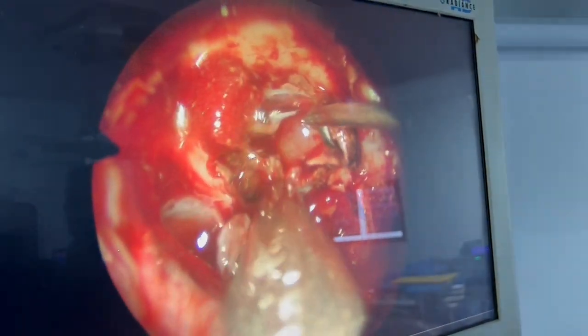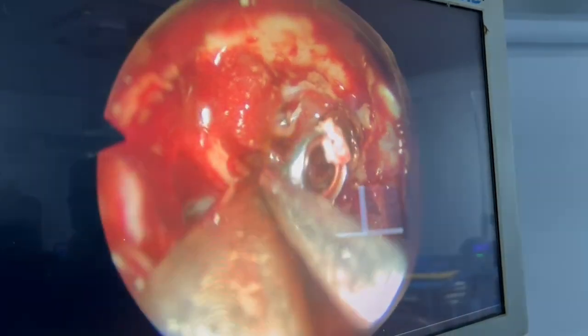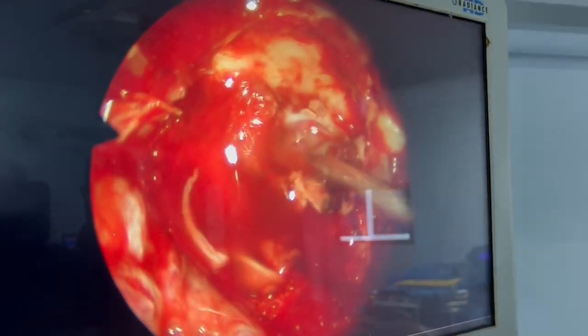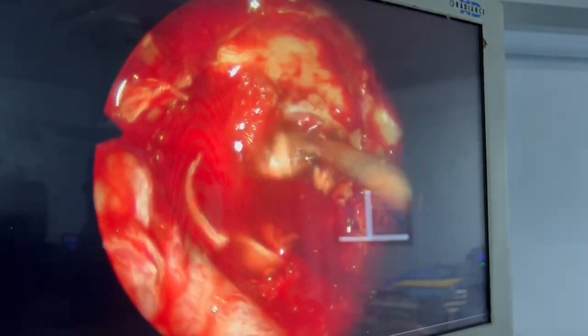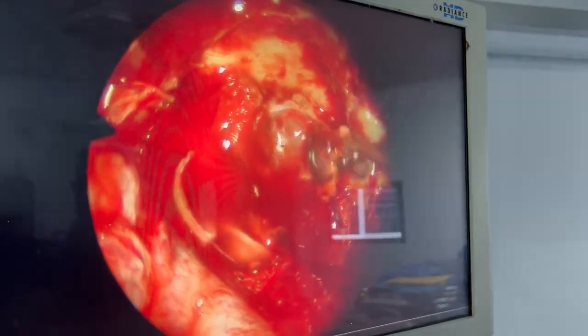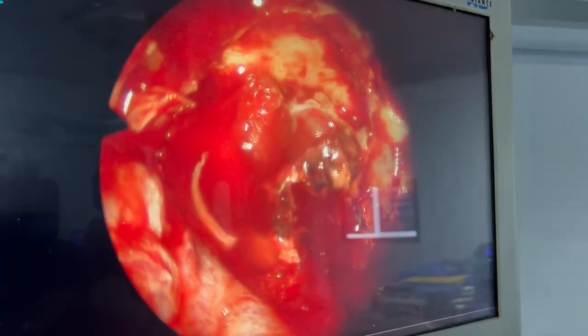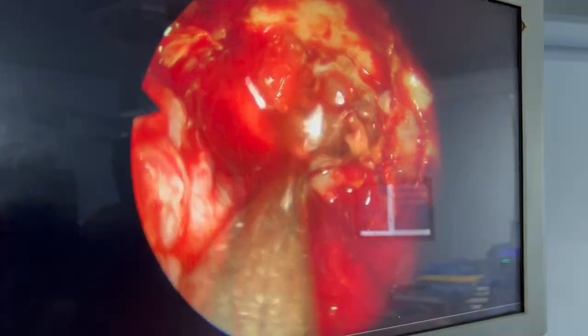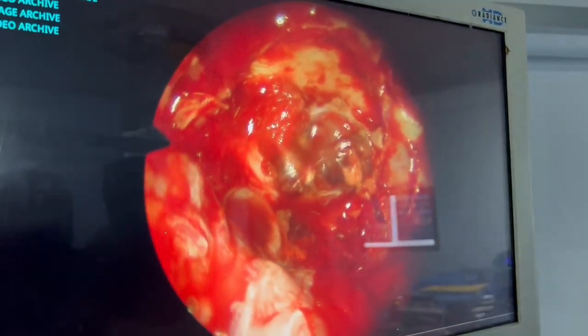You can see pulsation of the arachnoid behind this tumor. After removing this superior most part, a small part may be removed on the right cavernous side. The last part to be removed is the right cavernous portion of the tumor.